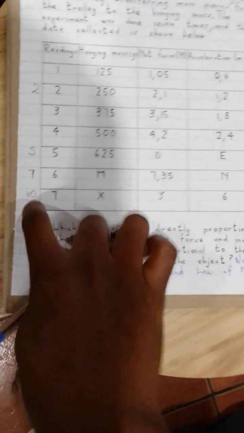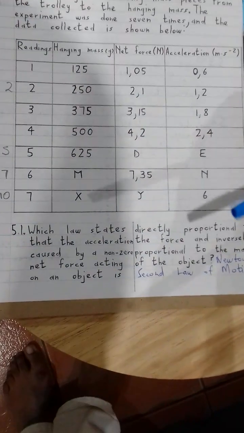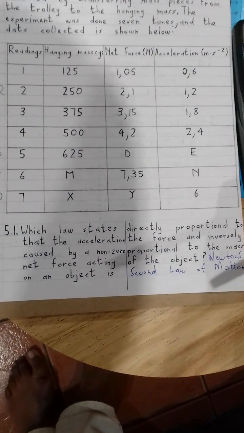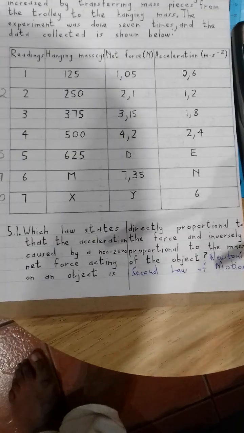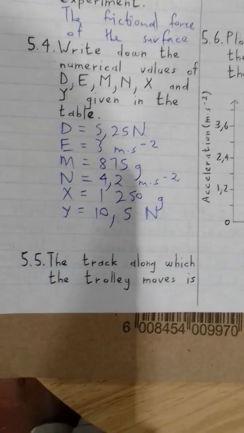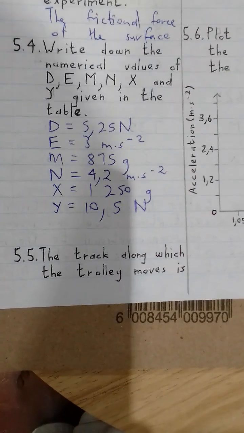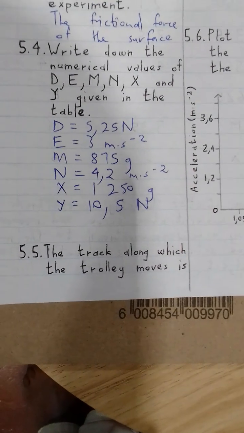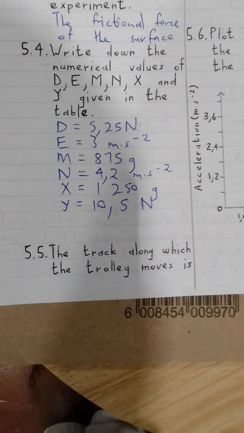I'm getting 1,250 grams. That's X. Or 1,25 kilograms. And then Y. Here's Y. 10 times 1,05. 10,5. So Y is 10,5 newtons. I know that may have been a bit difficult, but you need to find the relationship between the variables that you are calculating. Okay? Hope that is clear and I hope that makes sense.